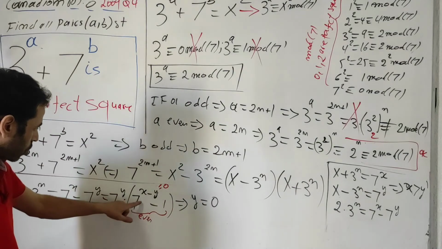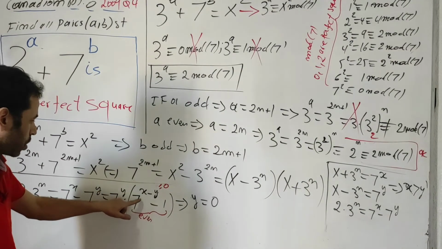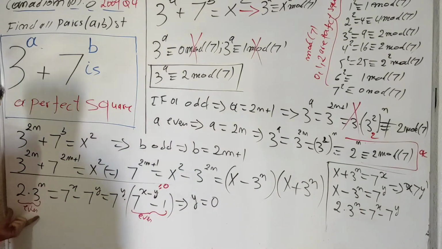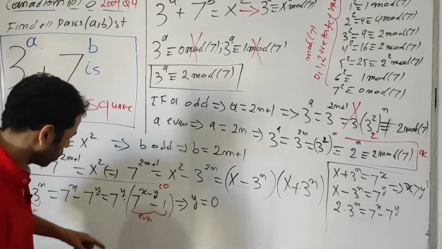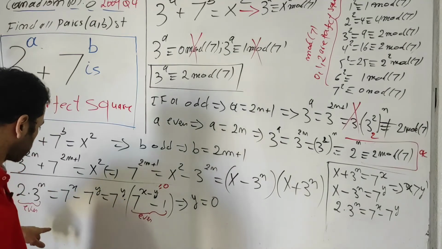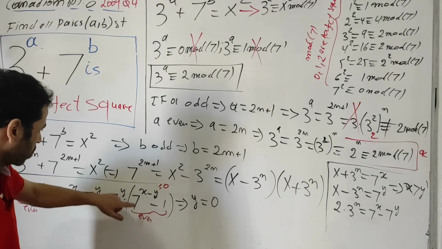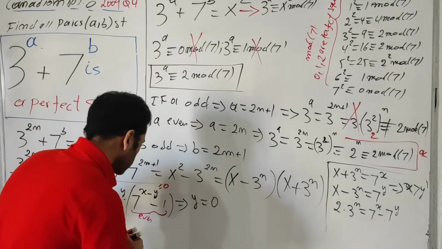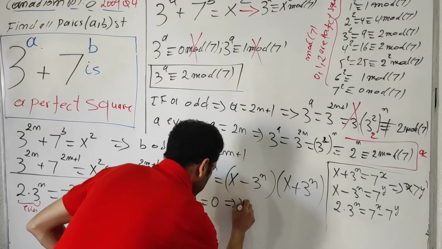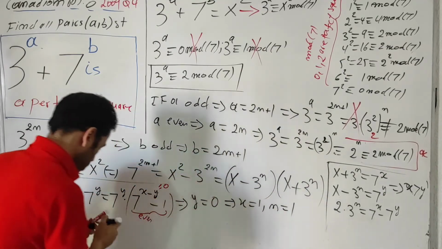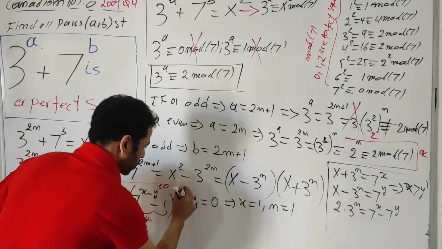And if we give x equals 2, it turns into 49 here, 49 minus 1 is 48, against 18 here, which is a problem. So the only way to fix this equation is to give x equals 1 and n equals 1.